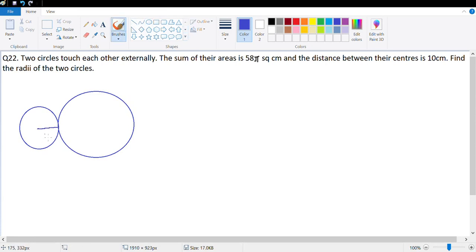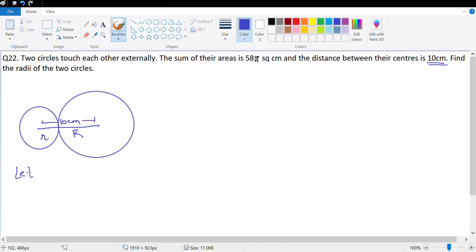Let the radius of one circle be small r, let the radius of the other circle be capital R. Right? And small r plus capital R is given equal to 10 centimeter. So we've got a basic idea of the question. Let's see what we have.